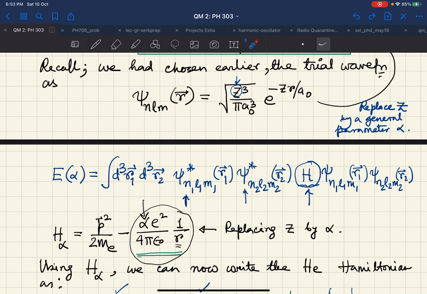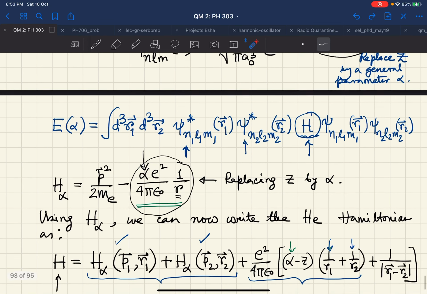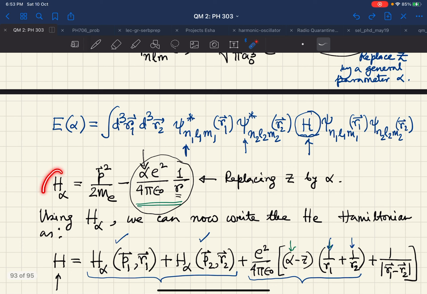We know that this is the ground state wave function of the Hamiltonian, and we also know that we can write down this H alpha. So I write this H using the subscript alpha in this manner: p squared by 2m_e, and instead of Z, let us write alpha e squared by 4 pi epsilon naught, 1 by r.